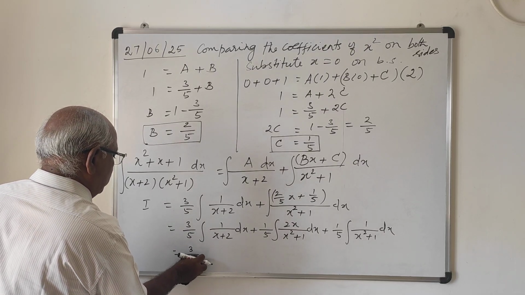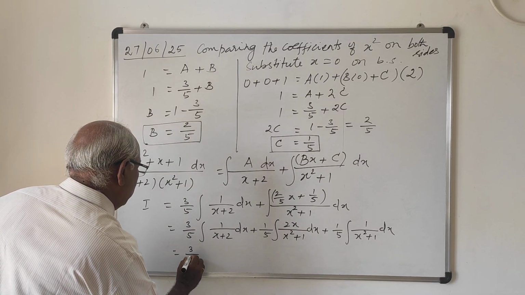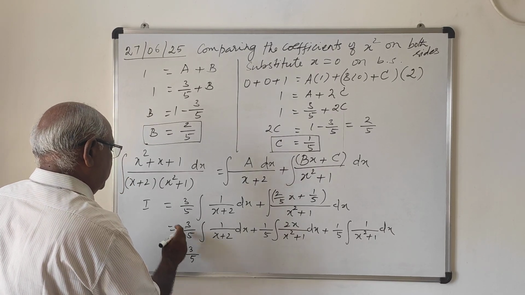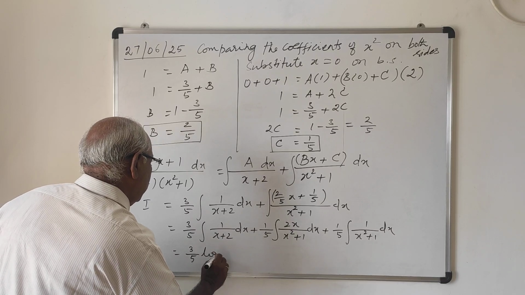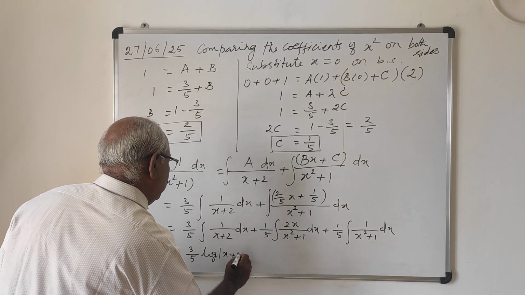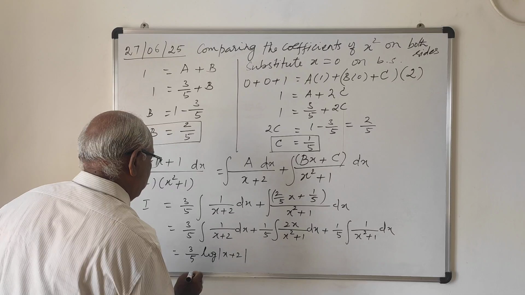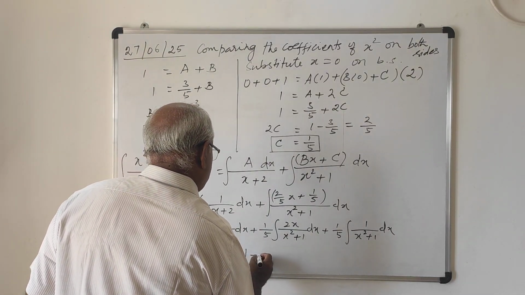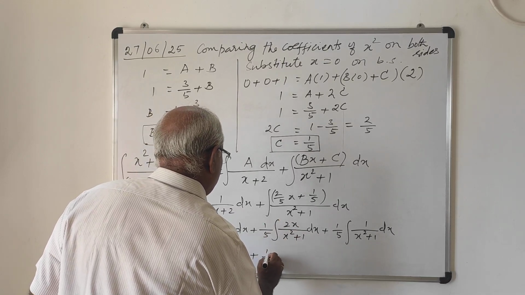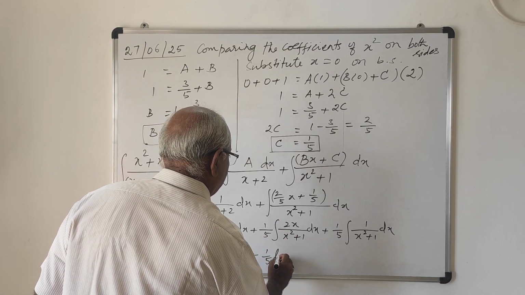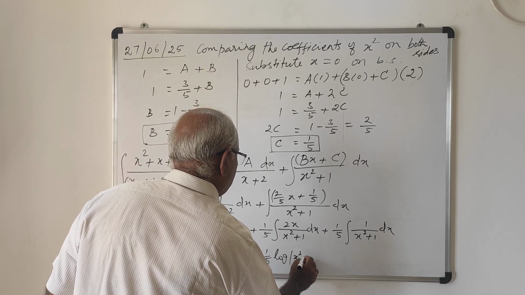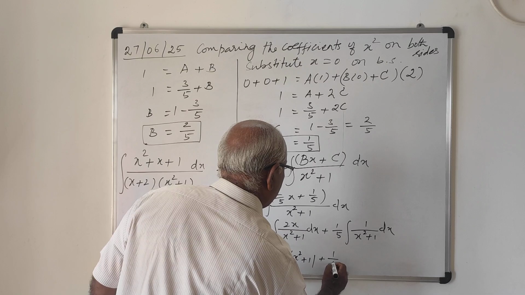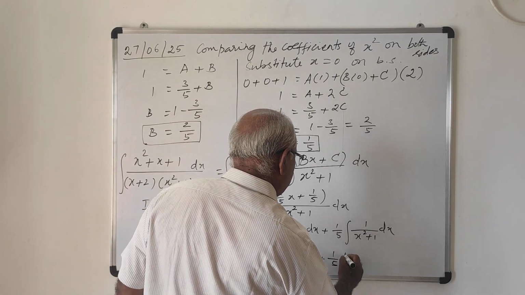So by integration, 3 by 5 into integral 1 by x plus 2 is log of x plus 2 by rule. Since the derivative of the denominator is in the numerator, this is 1 by 5 into log of the denominator, log of x square plus 1, plus 1 by 5 into integral 1 by 1 plus x square, which is tan inverse of x.